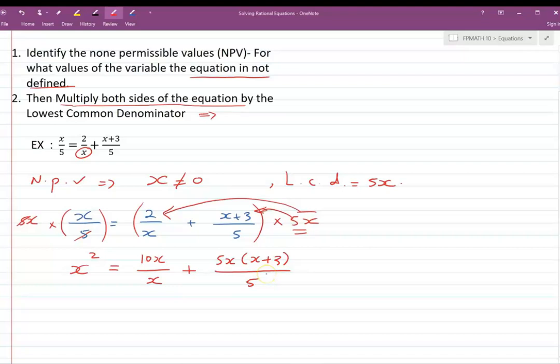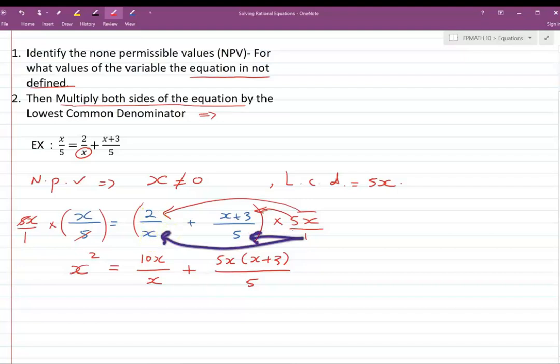Now be aware that this 5x is actually 5x over 1, and the rule of the multiplication of fractions applies here. You multiply the numerators, you multiply the denominators. So 5x only multiplies by 2. It doesn't go and multiply by x, so don't make a mistake there.